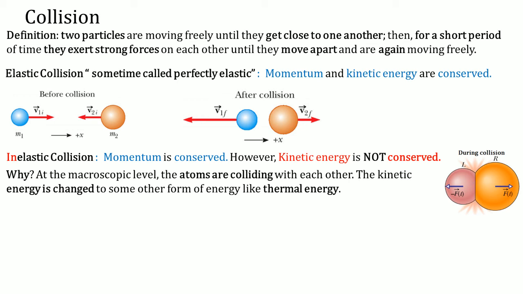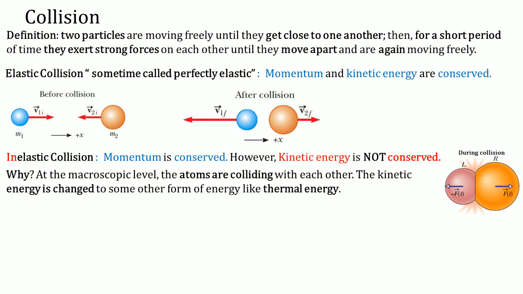That is why an inelastic collision is not conservative. So the difference between an elastic and inelastic collision is whether the kinetic energy is conserved or not. In real life, most collisions are inelastic because you do lose energy to thermal energy.